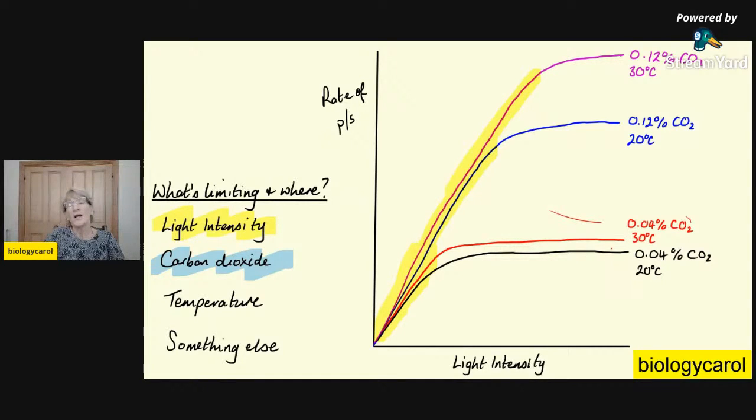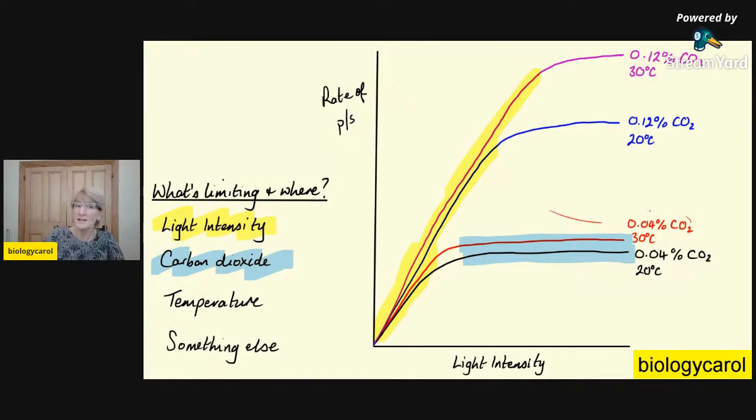Therefore, the only place on the graph where we can see a significant increase in the rate of photosynthesis is when the concentration of carbon dioxide is increased. So that logically says to me that down here is where carbon dioxide is the limiting factor, at both the lower and the higher temperatures, when the carbon dioxide is at its low concentration.